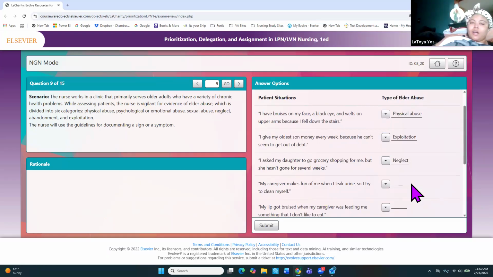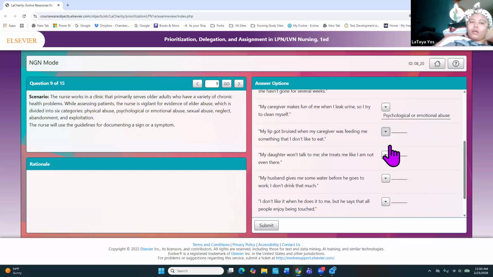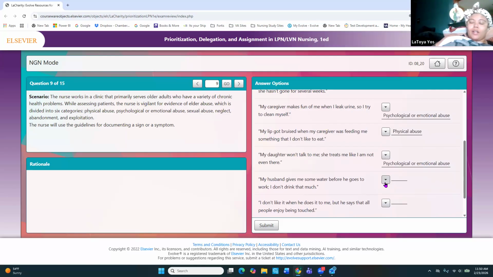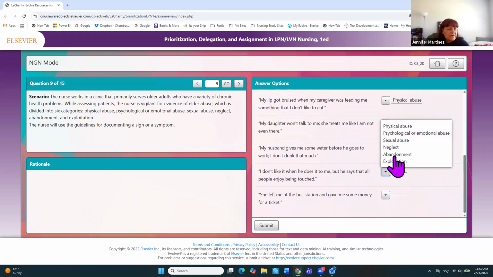I'm guessing that just leaving her with water, she would be done with that one cup, and it can lead to dehydration. So that'd be like neglect, I believe.